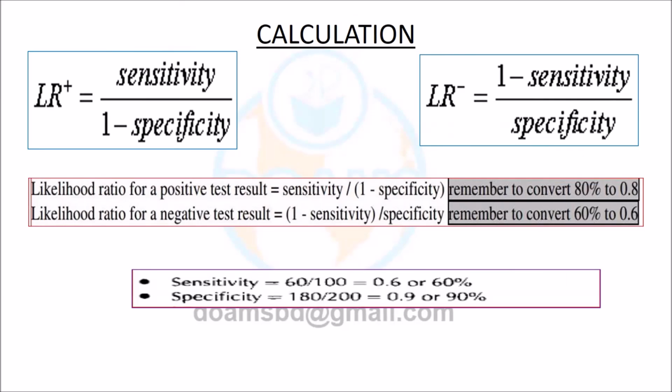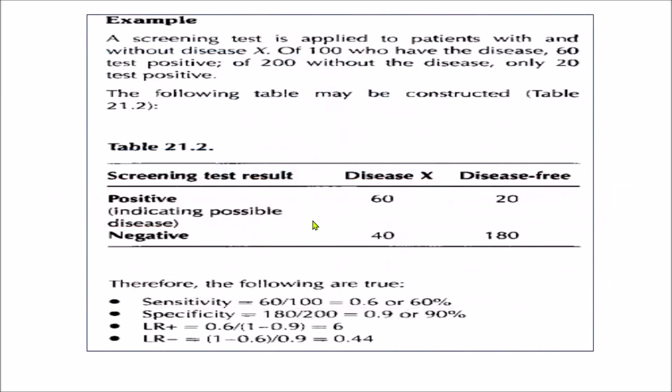The likelihood ratio of the test being positive is 6, because it's a ratio, not a percent. And the likelihood ratio of the test being negative is 0.4. You calculate it. So 6 and 0.4. Very right. Fantastic.